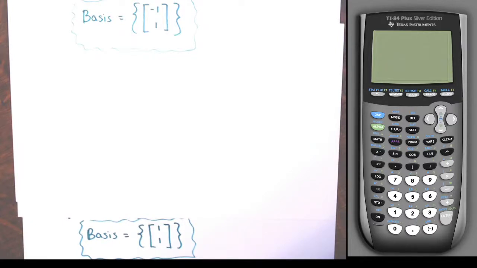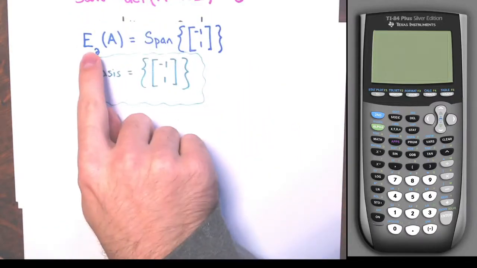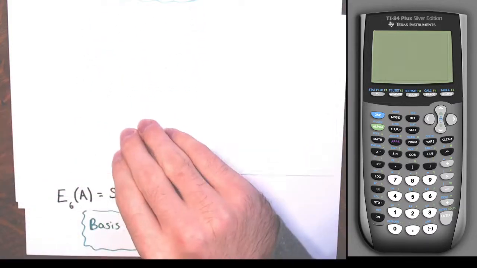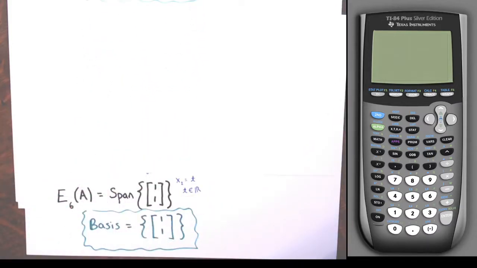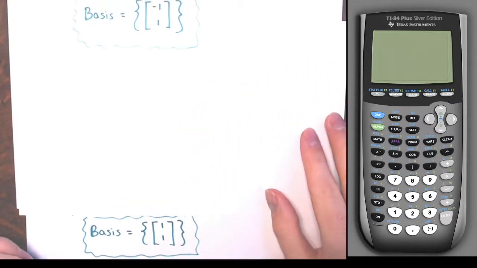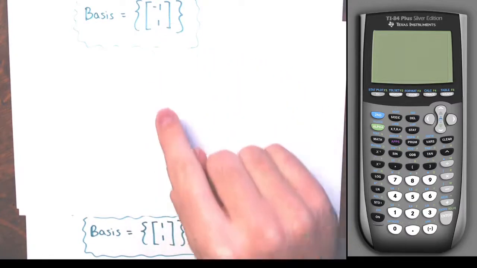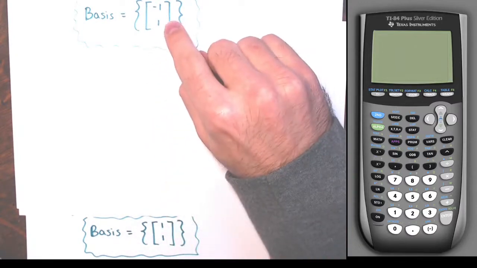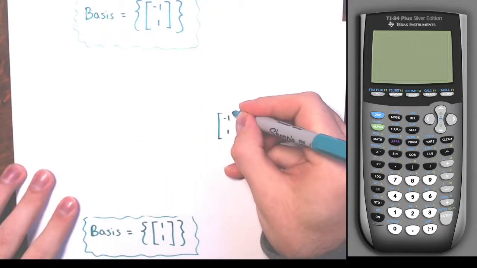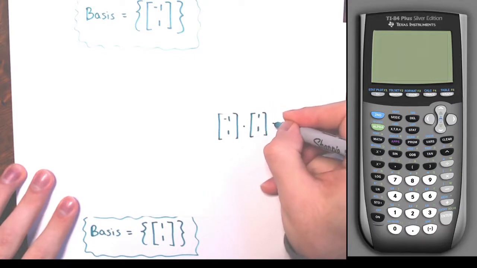So if you take any vector in the eigenspace corresponding to 2, and then any vector in the eigenspace corresponding to 6, those vectors will be orthogonal, and you can tell by looking at the basis vectors. There's only one basis vector here, so you just do the dot product of these two. What's the dot product of negative 1, 1 with 1, 1? That would be 0, wouldn't it?